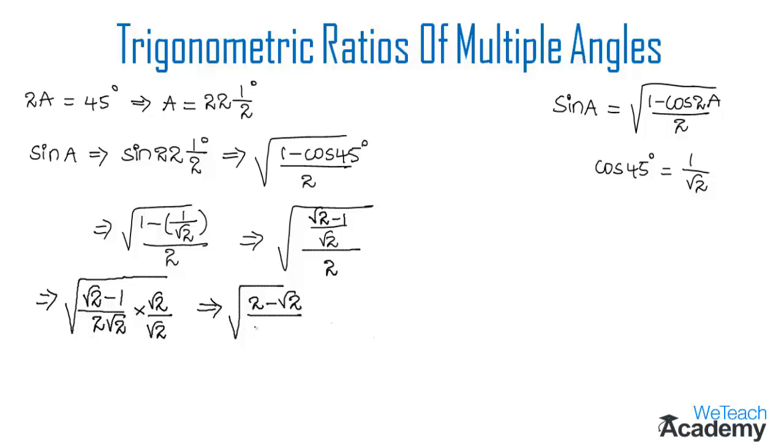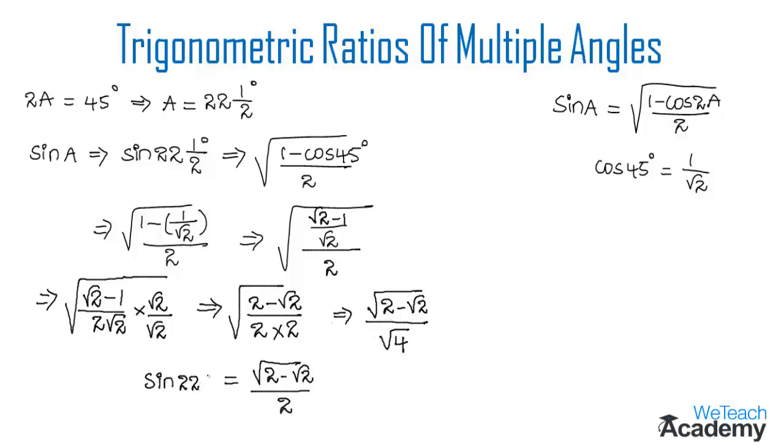In the denominator, 2 into root 2 into root 2 becomes 2 into 2, which is 4. So we can write this as under root (2 minus root 2) divided by the square root of 4, which is 2. Hence this is the value for sine 22.5 degrees.